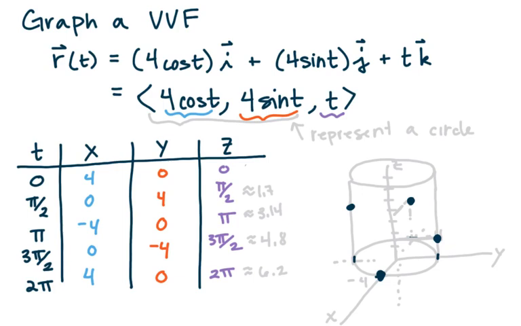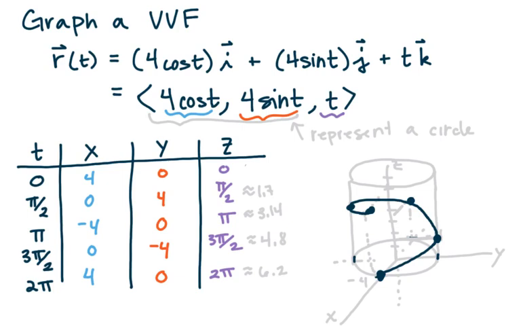Again, it will help you to travel out in perspective and try to make this rectangle. So this would look like about right there. So what's going on is we have this coil that is wrapping around this cylinder.